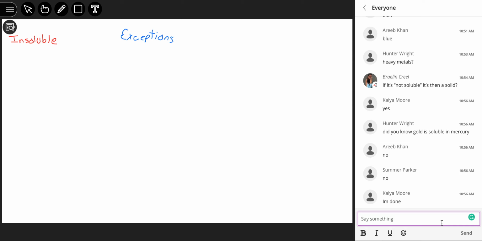All right, insoluble things usually are mixed with hydroxide or sulfur, unless they are paired with one of the things that is always soluble. For example, things in group 1.